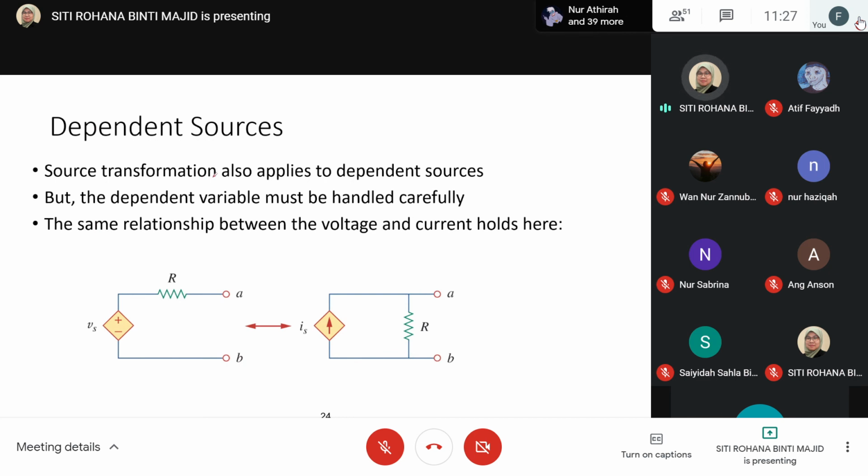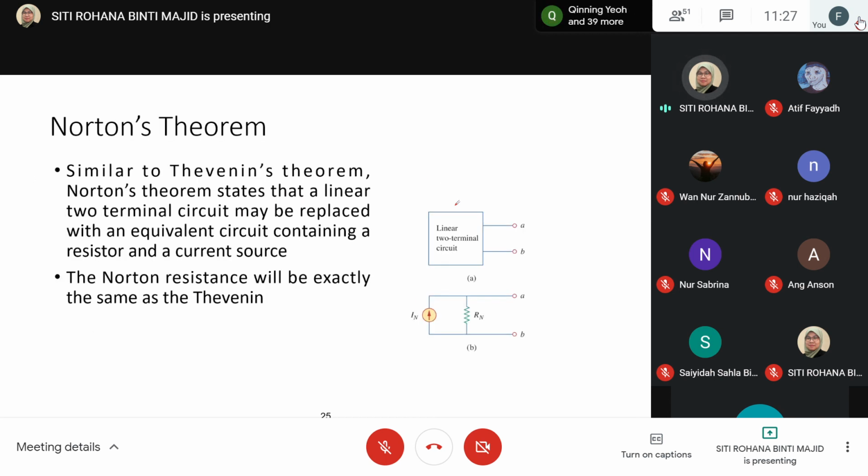Dependent sources have constraint parameters, so you should carefully handle this part.